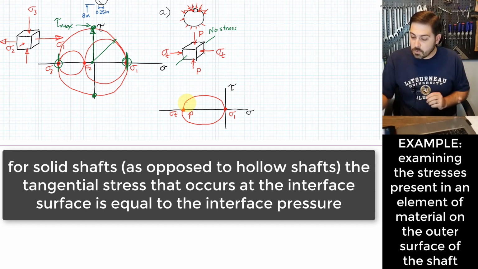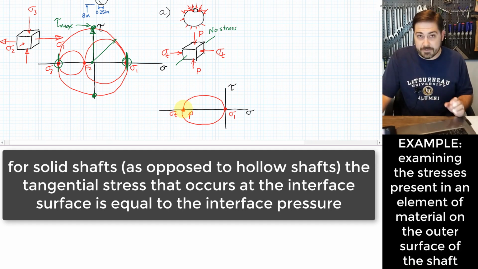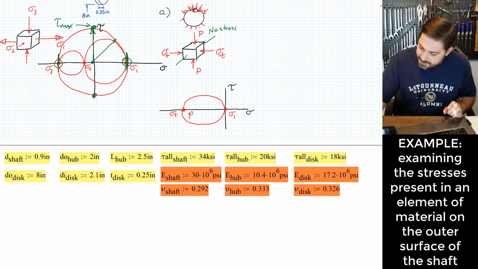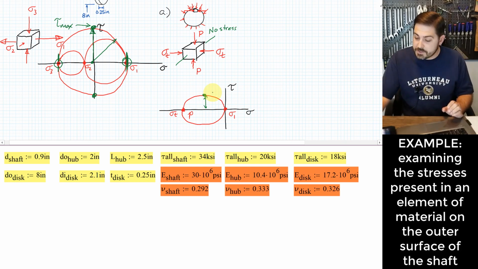And we'll only really see one circle because the other two circles are infinitesimally small right here at these two equal stresses. If we think about the maximum shear stress that occurs in this case, to get to this point is the radius of this circle, and it's just going to be equal to half of the interface pressure.